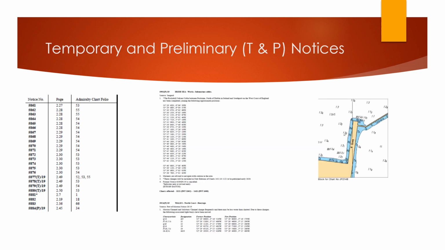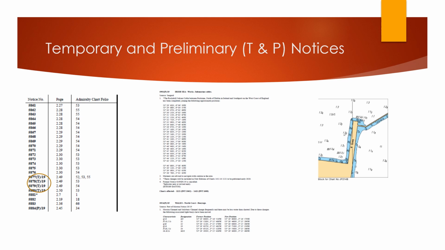So if you see here, and I'll highlight some of this, when the notice number and the chart being affected by it is provided in the notices to mariners, you can see some of these notice numbers. So look at the extreme left side of your screen.